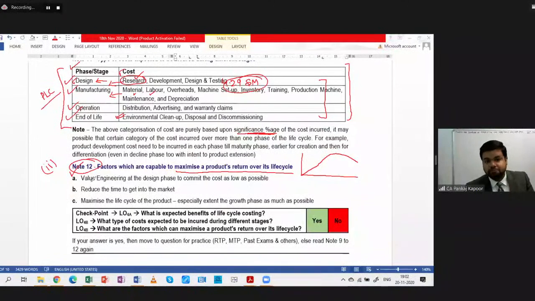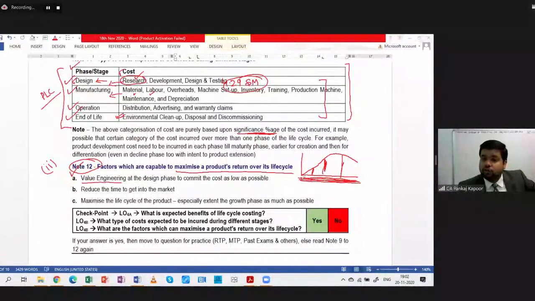The first way, value engineering. When the product is in the designing phase, we will try to perform value engineering, through which we design the product and the processes in such a manner that when we produce the product, when we introduce the product in the market, when there is a growth phase and we are selling high numbers, when there is a maturity phase, when there is a decline phase, whenever we are manufacturing while the product is live in the market, it costs us less.